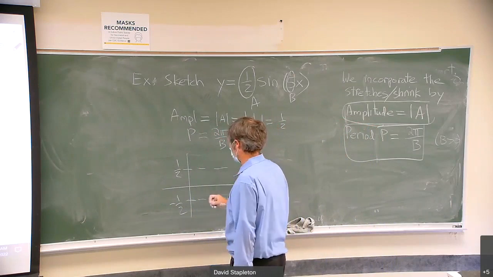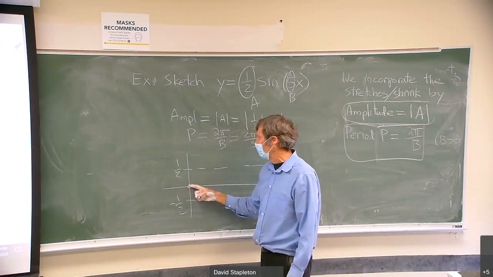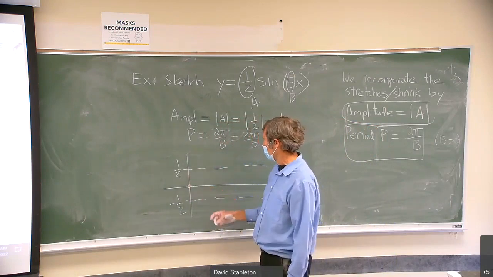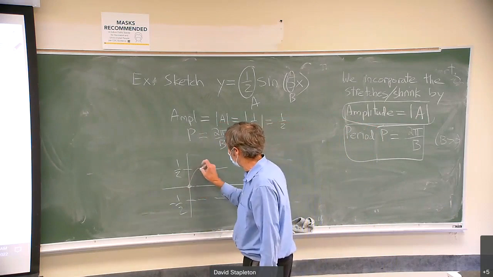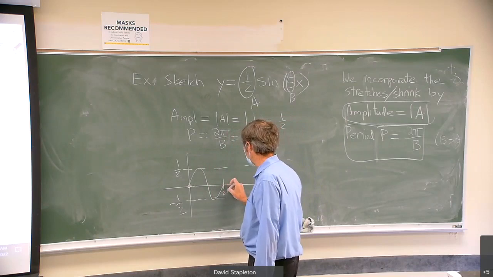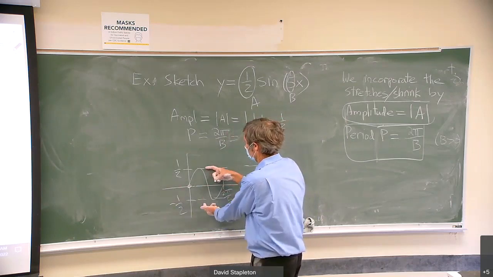So what I have to do is I remember the sine function starts going through the origin, right? It has 0, 0. The cosine started at the top, the sine started in the middle at the origin. So I start here and I draw the same wave, but I just make it finish at 2 pi over 5. That takes into account the horizontal stretch, and go up and down between plus and minus 1/2.